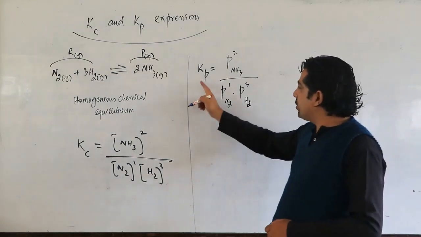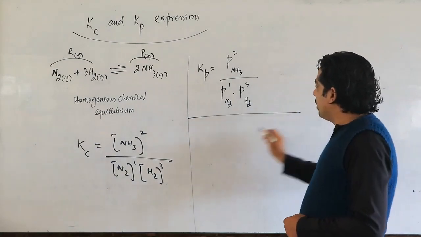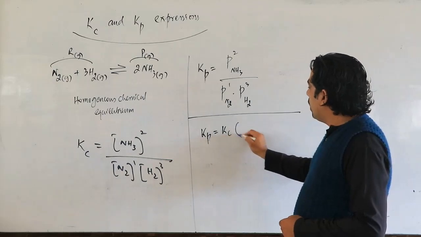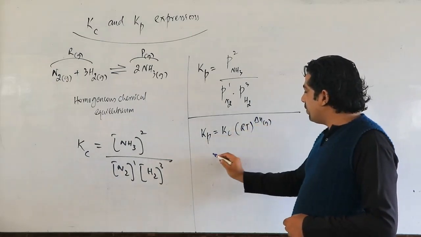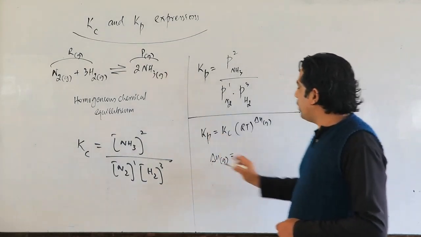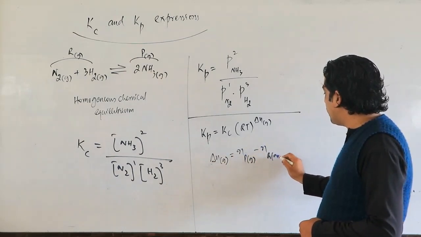Now let us see the relationship between Kp and Kc. You know that last time we saw Kp is equal to Kc RT to the power delta n gaseous. So let us first calculate delta n gaseous here. Number of moles of products in gaseous state minus number of moles of reactants in gaseous state.